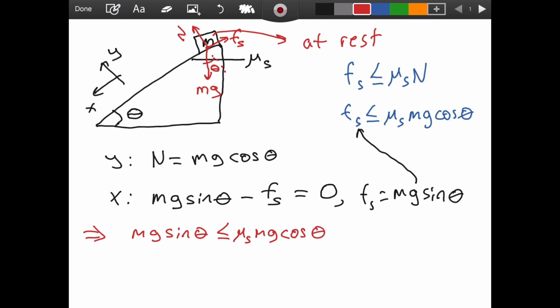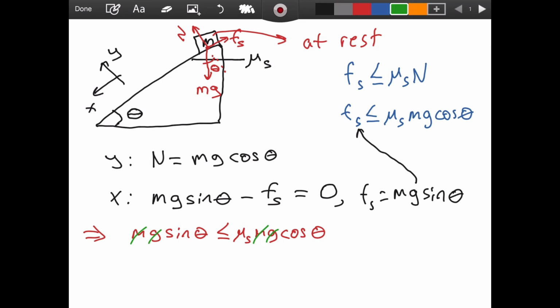Right? Now, we see that the m's here cancel. This means that if we were to have a heavier or a lighter mass, the result would not change. We also see that the g's cancel. This means that if we were to do this experiment on the moon or on Mars, we would still get the same results.